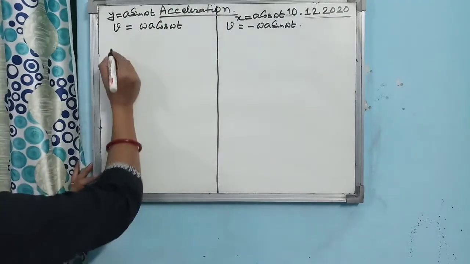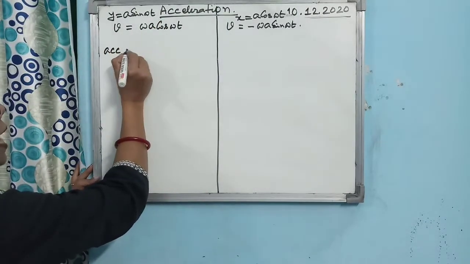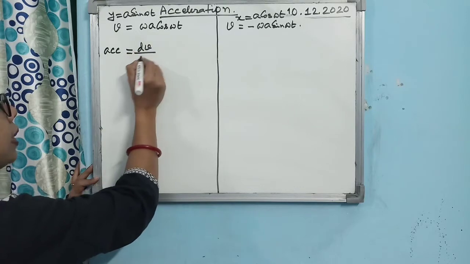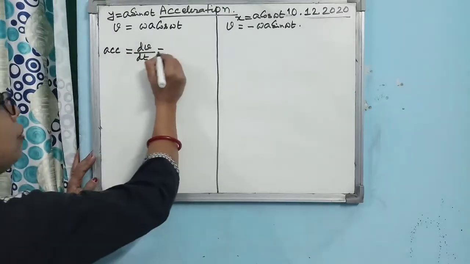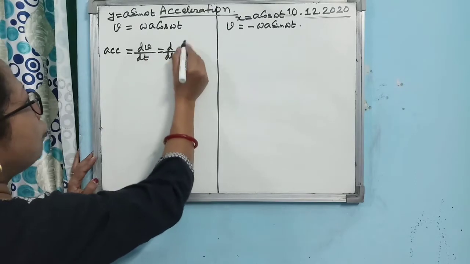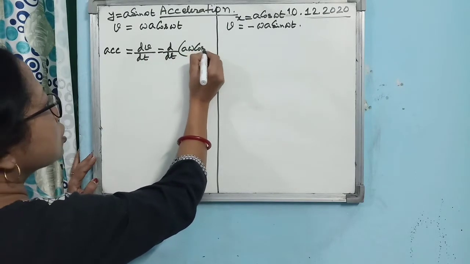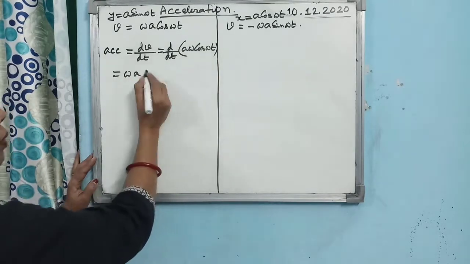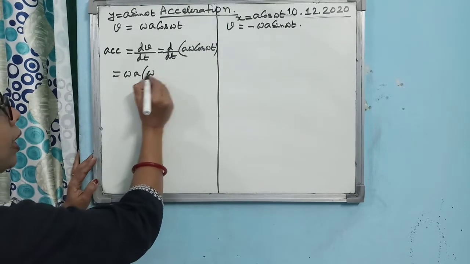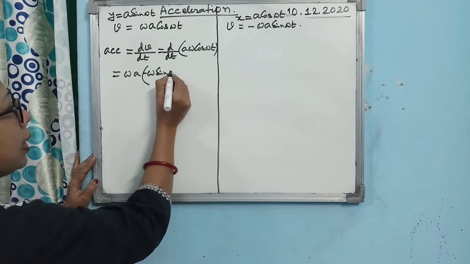Now coming to acceleration. So you see, acceleration you can write as the time derivative of velocity. So it will be d/dt of a omega cos omega t. When you take the derivative of cos omega t, it will come minus omega sin omega t.